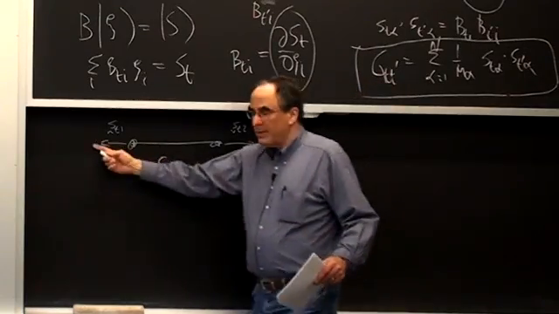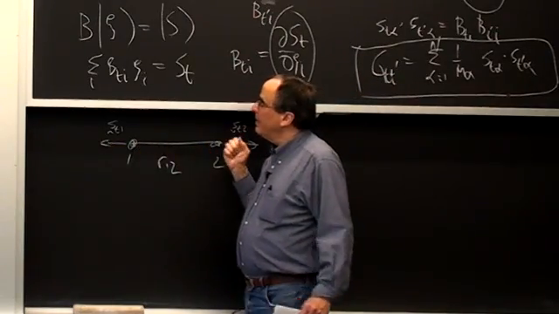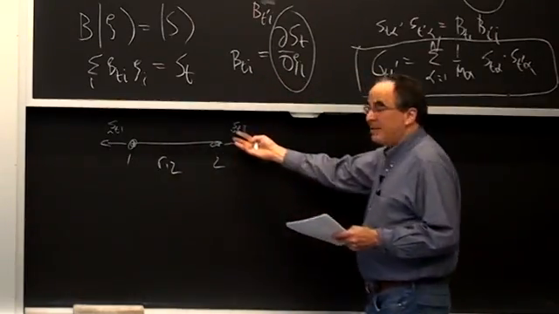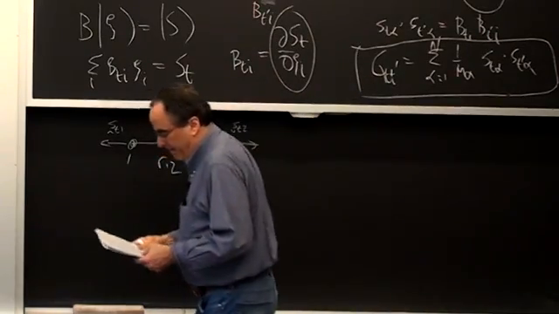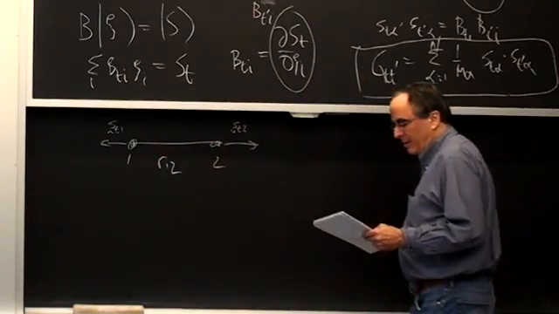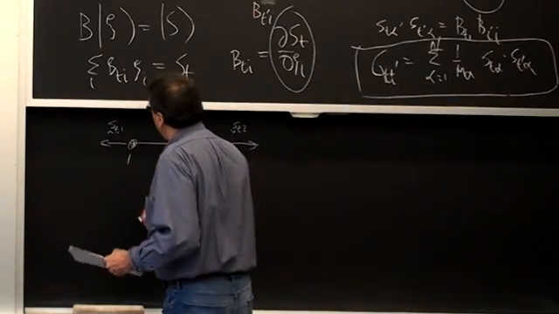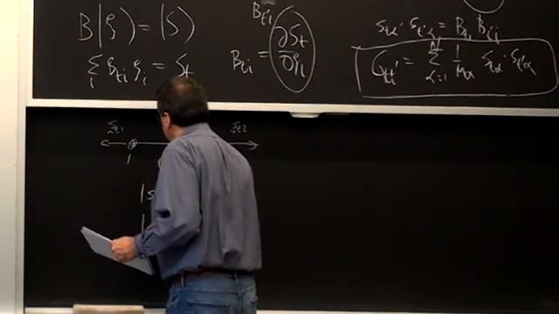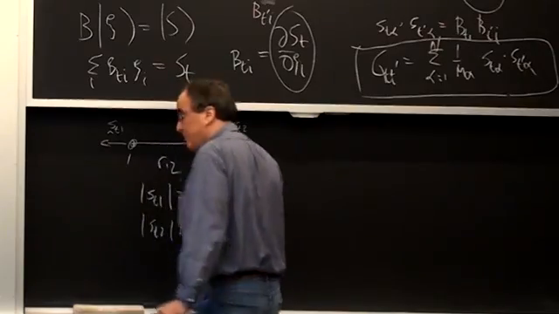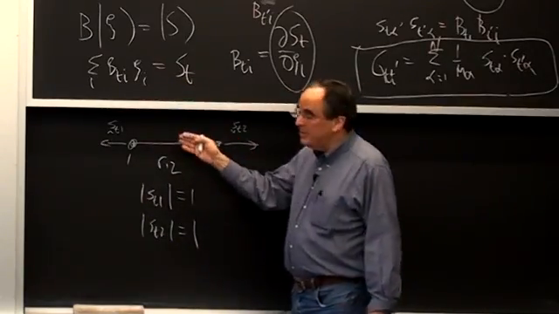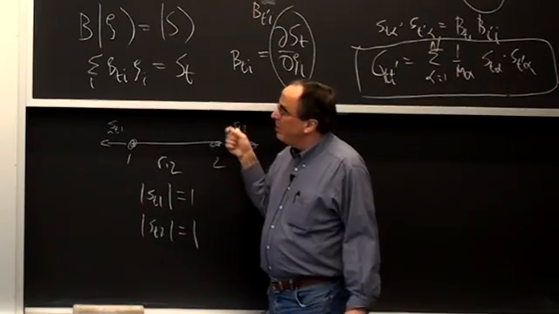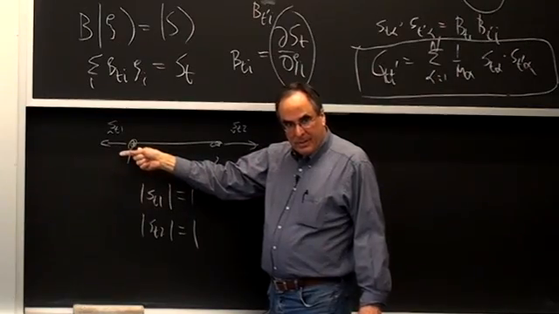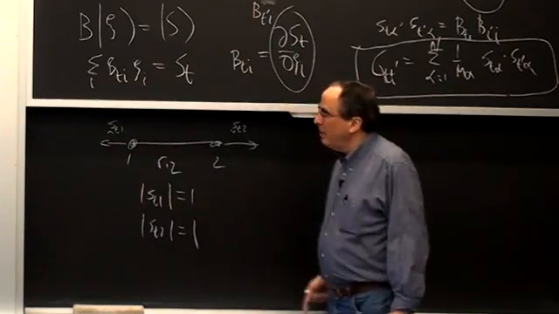And the magnitude of this is related to a unit displacement in that optimum direction, which means that these are going to be simply related to the unit vector. So we know that ST1 magnitude is 1, ST2 magnitude is also 1, because we always take the displacement of the atom in the optimum direction, by unity.